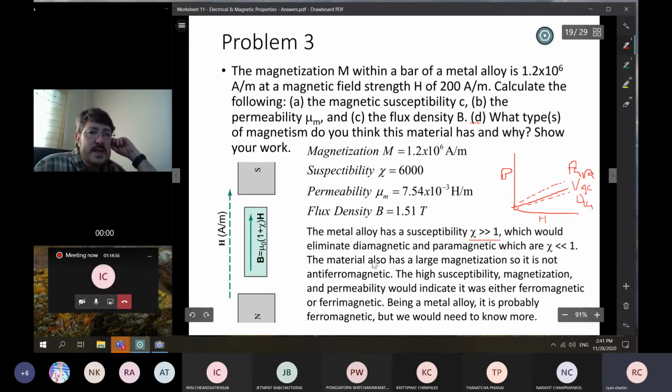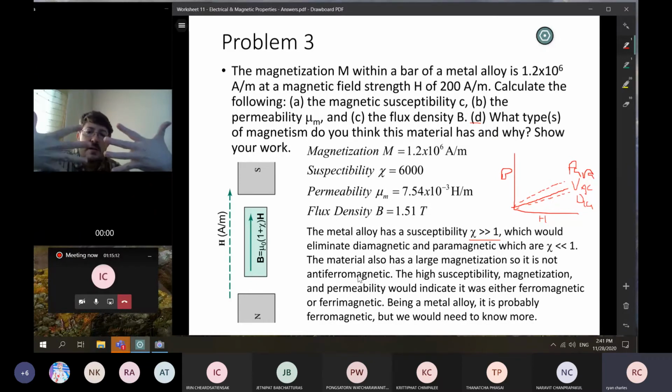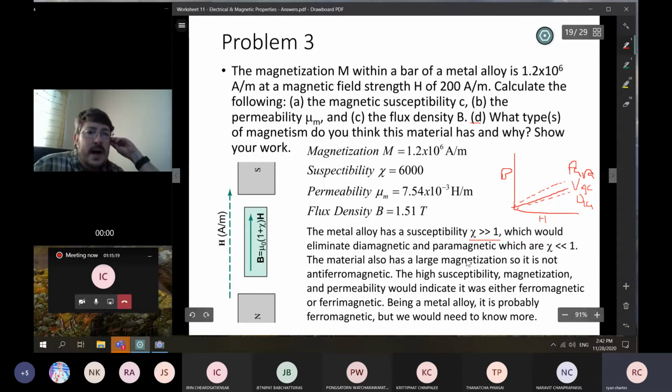The material also has a large magnetization. It's been magnetized, so it's not antiferromagnetic, which doesn't have net magnetization because the dipoles cancel each other out exactly. High susceptibility, magnetization, and permeability would indicate it's either ferromagnetic or ferrimagnetic.